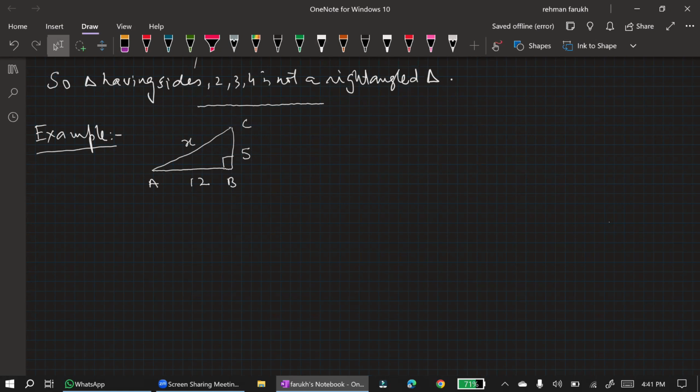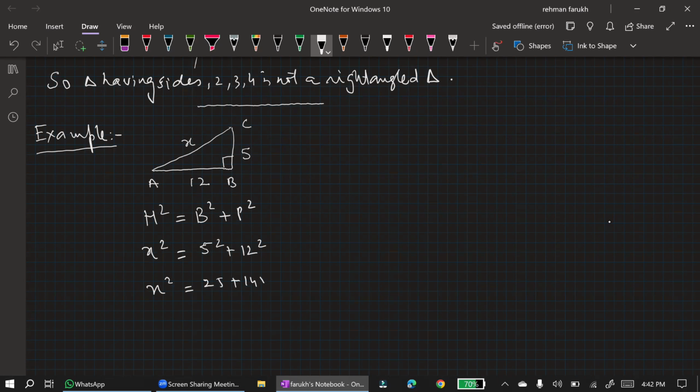Now we will use the Pythagoras theorem to find the unknown length X. Which side is the hypotenuse in this triangle? X. Yes, X square. Anyone can be the base, anyone can be the perpendicular. So 5 square plus 12 square, X square is equal to 25 plus 144.